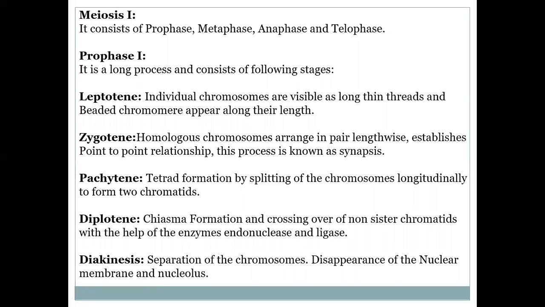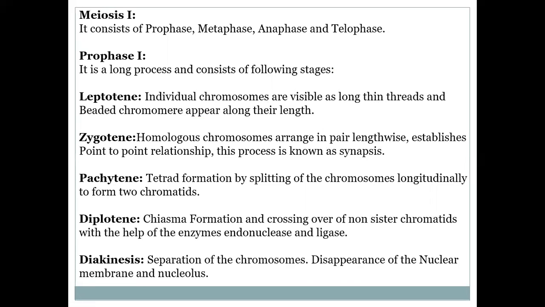In leptotene, remember one sentence: long, thin, thread-like chromosomes and beaded centromeres appear along their length. In zygotene, two chromosomes with similar characteristics, termed homologous, remain in the same area, which is termed synapsis. Synapsis formation occurs in zygotene, and long threaded chromosomes occur in leptotene.